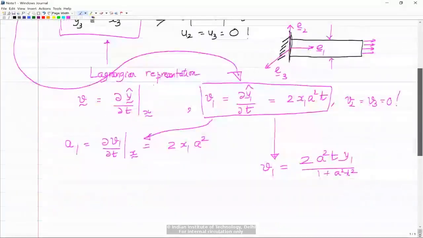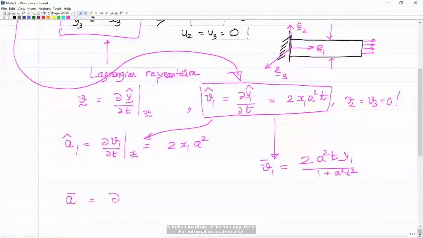So with this v1, can we find out what the acceleration will be now? Remember, this is like V1 bar, isn't it? It's Eulerian, where this is V1 hat, this is A1 hat. So once we have V1 bar, how do we get A1 bar? Can you recall the formula for A bar in terms of Eulerian derivative?